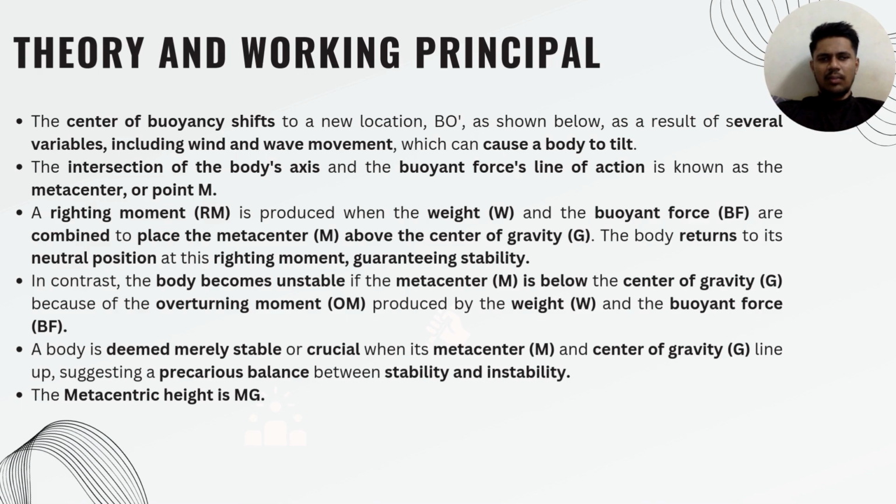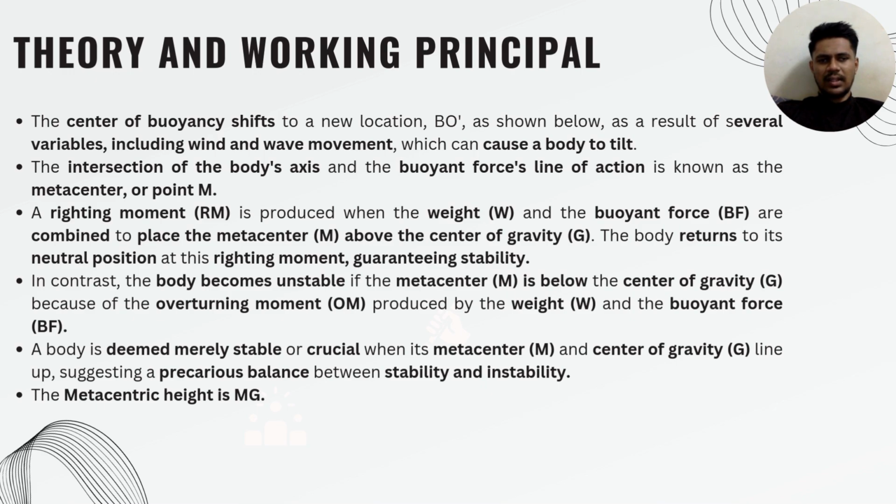In contrast, the body becomes unstable if the metacenter is below the center of gravity, because of the overturning moment produced by the weight and the buoyant force. A body is neutrally stable when its metacenter and center of gravity line up, suggesting a precise balance between stability and instability.